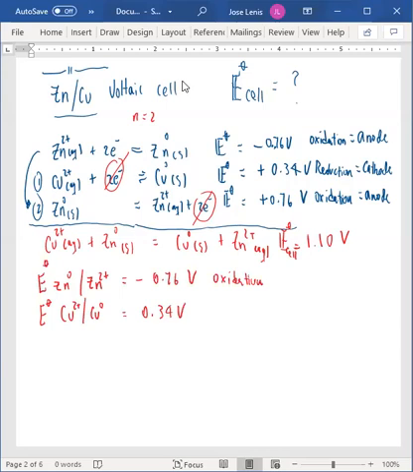All right, the other one is called the standard cell notation or line notation. What is that? Cell notation.